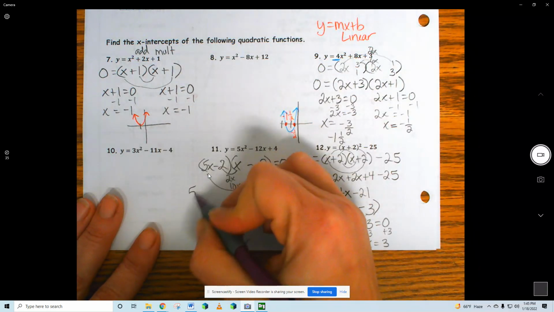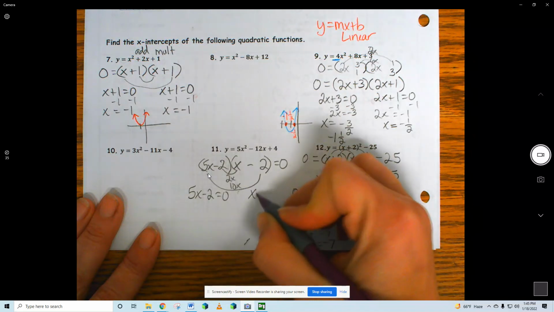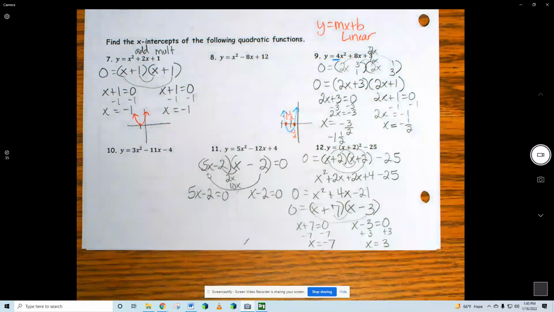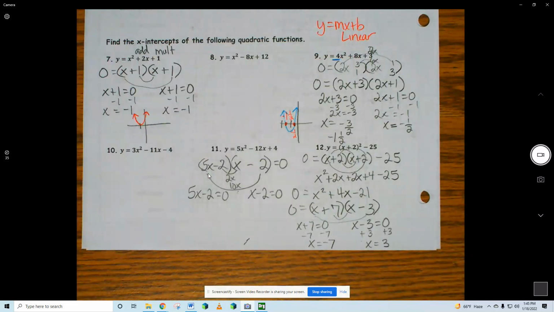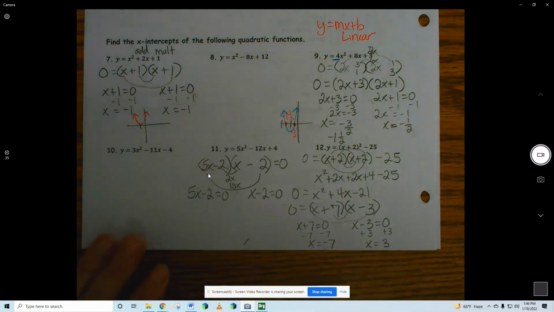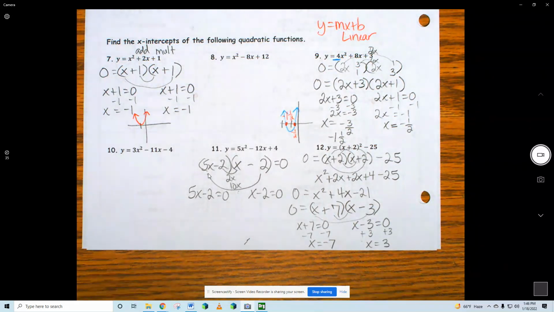So then you have to set 5x minus 2 equal to 0 and x minus 2 equal to 0. Okay. And then you solve for x. You need to practice that on your own.